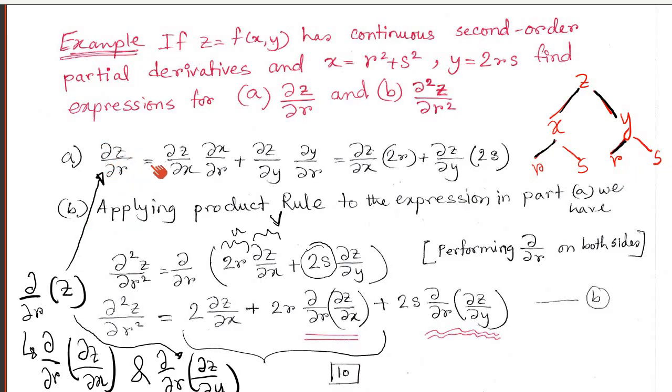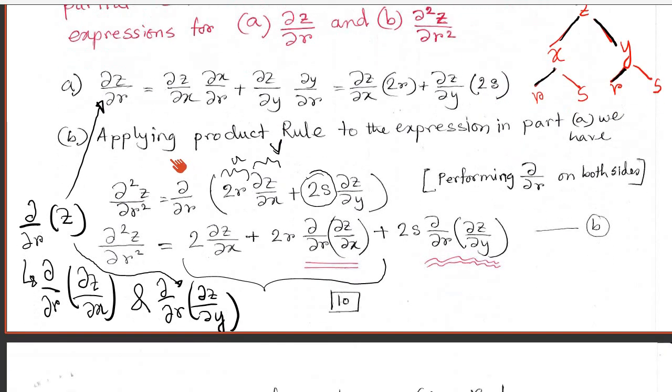So dz by dr is obviously dz by dx times dx by dr plus dz by dy times dy by dr. Differentiating x with respect to r is going to be twice r plus 0. Differentiating y with respect to r is going to be twice s only.